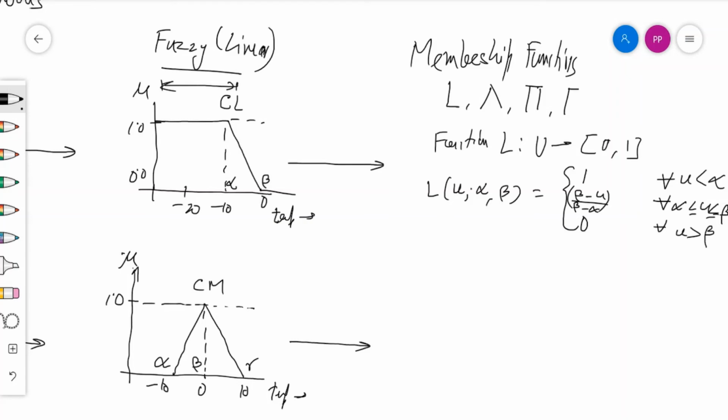So if we are defining the function capital lambda mapped from u to the membership function value, it is a continuous set in the range of 0 to 1, the closed interval.